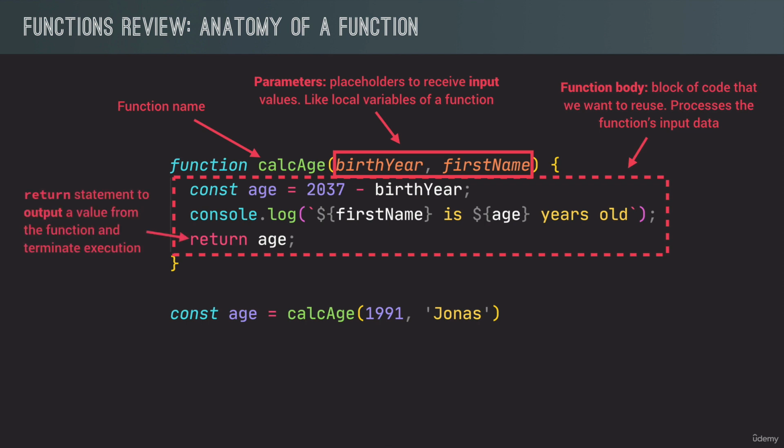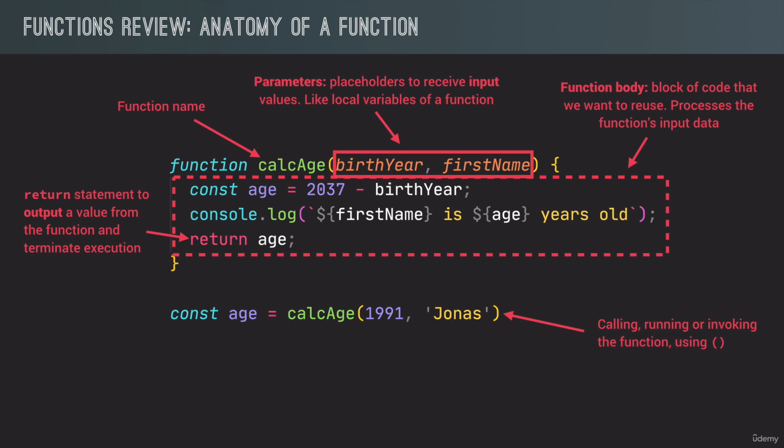And speaking of the return, by the end of the function, we usually have a return statement, which we use to output a value from the function. And also, as I mentioned a little bit earlier, the return statement also immediately terminates the function's execution. We also say that the function returns. Okay, and now about calling the function. We do that using parentheses.